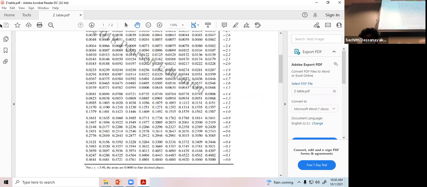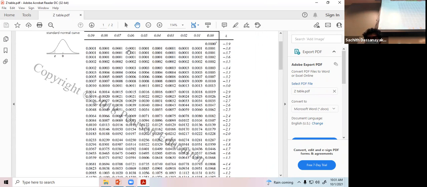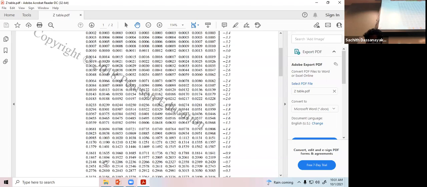Negative 0.68. See, negative 0.6 is here, and 8 is here, this second column. So go down this second one, 68. So the value is 0.2483.